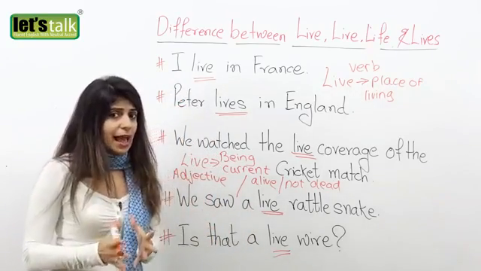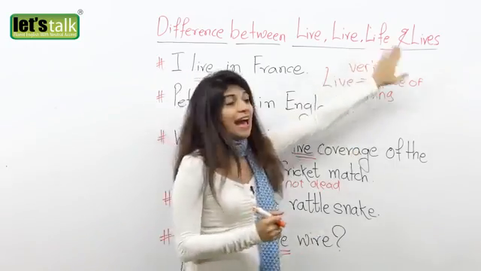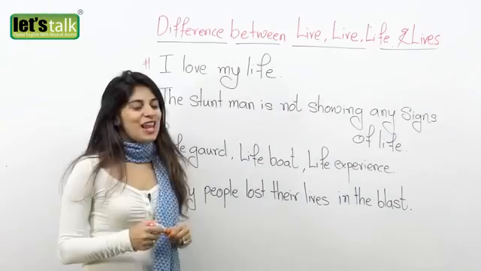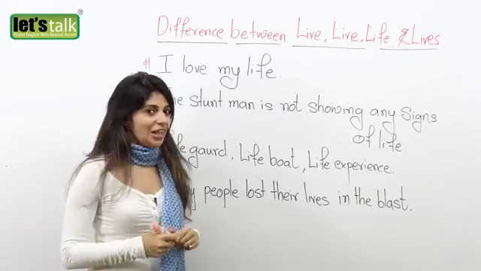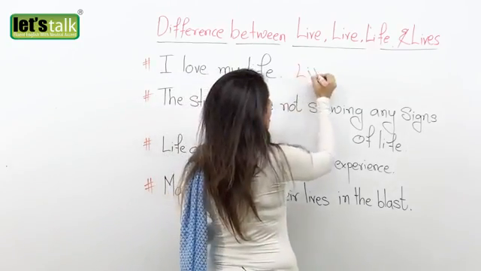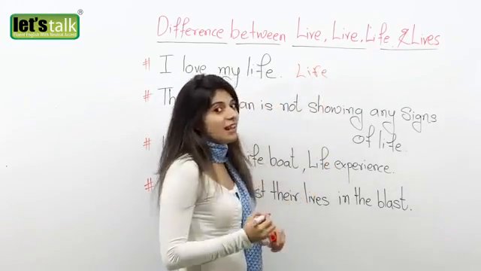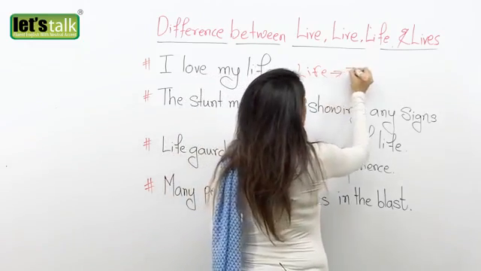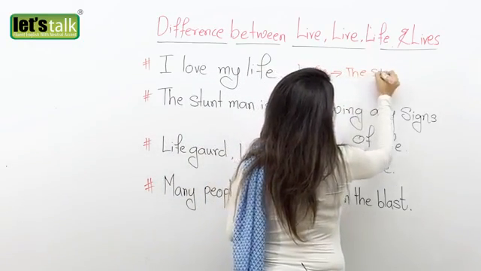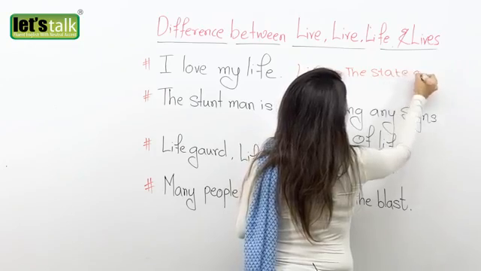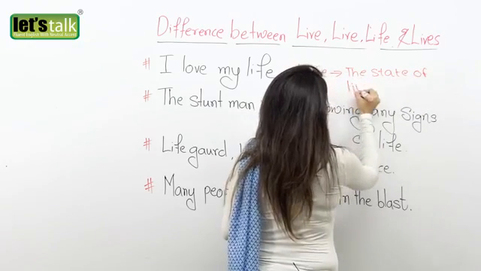Now we are going to look at the words life and lives. So now let's have a look at the word life. That's L-I-F-E, pronounced as life, and it means the state of living.